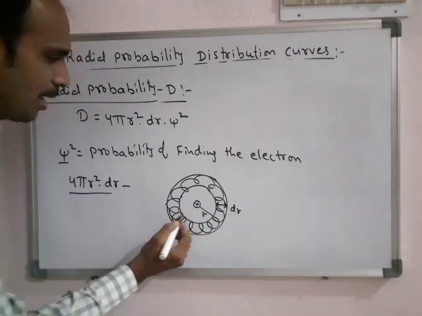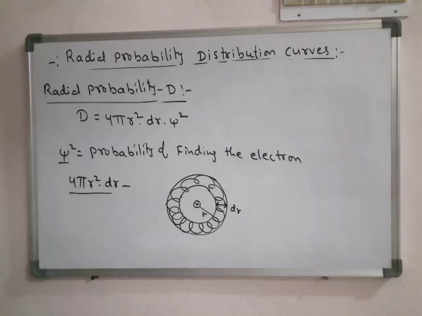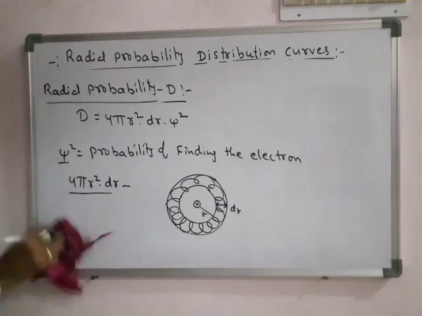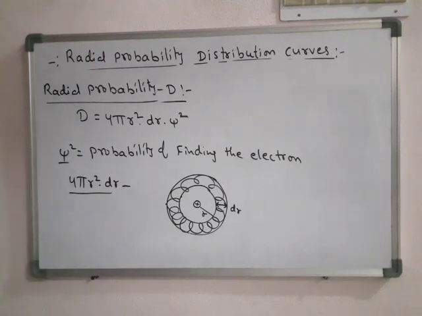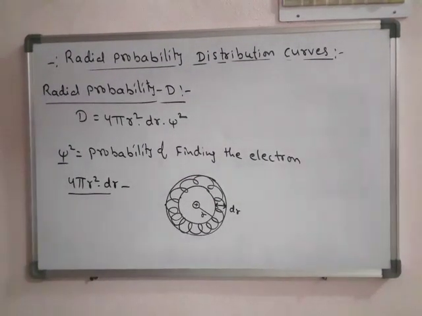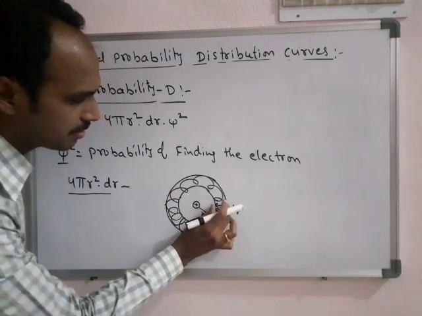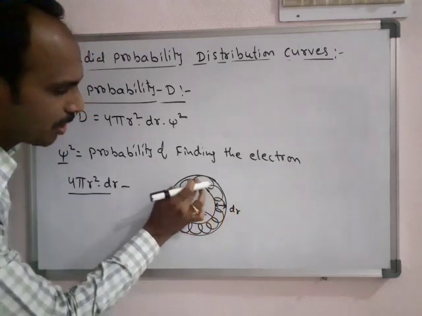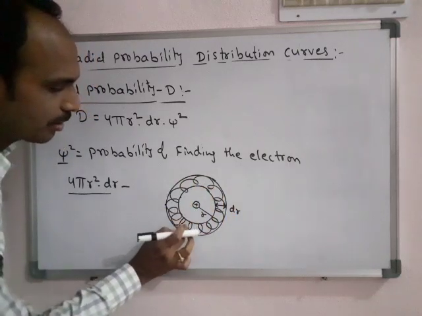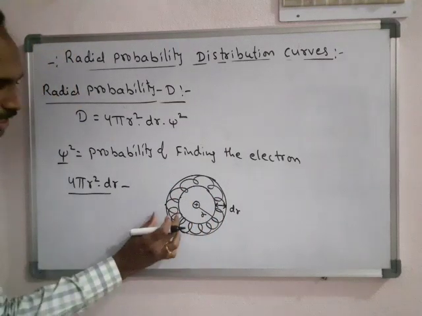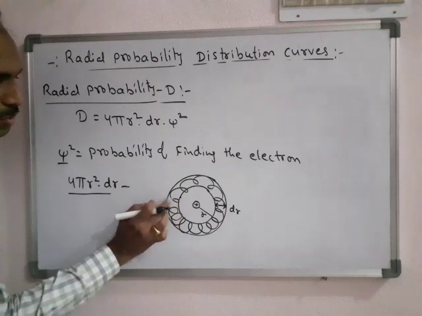Now we want to know the volume of this shell, that is, the volume of the inner space between the two spheres.